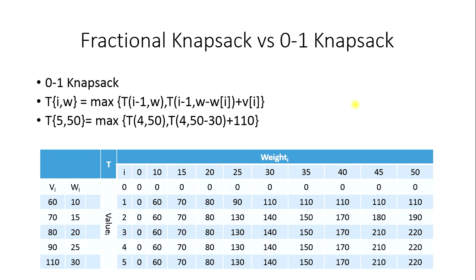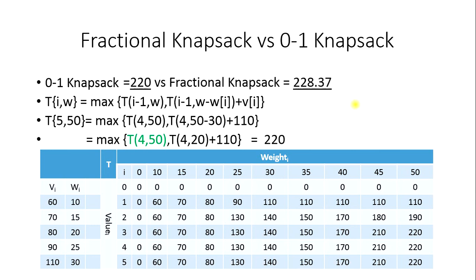Using the formula we can find the maximum value, that is row 5 and 50 kg, and we get $220. So the maximum that 0-1 knapsack can achieve in this case with this data is $220, but fractional knapsack gives us $228.37. Hence, in this scenario, the greedy approach wins over the dynamic programming paradigm. Fractional knapsack gives us better output as compared to 0-1 knapsack in this particular case.